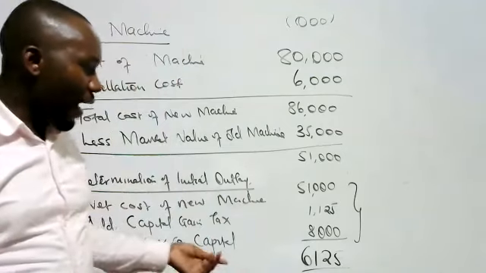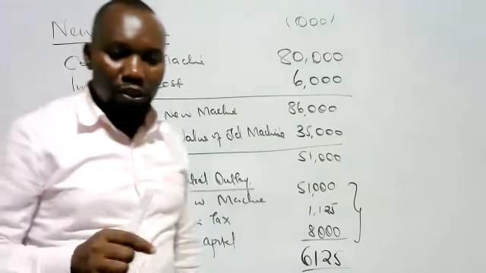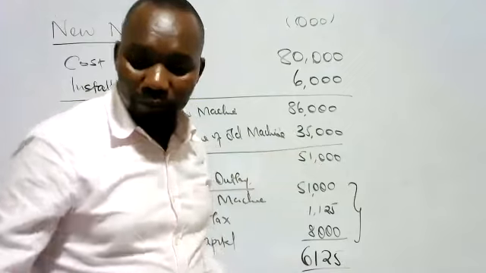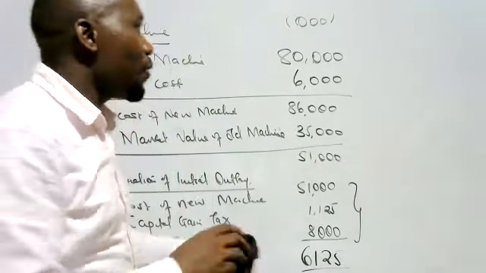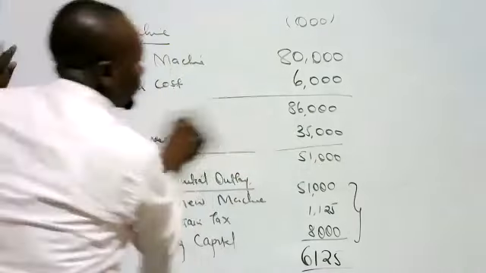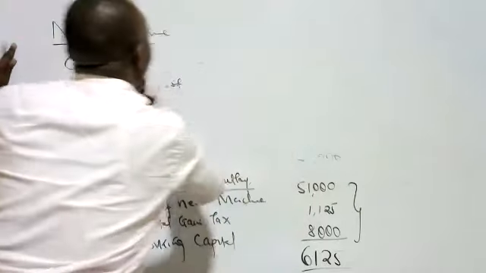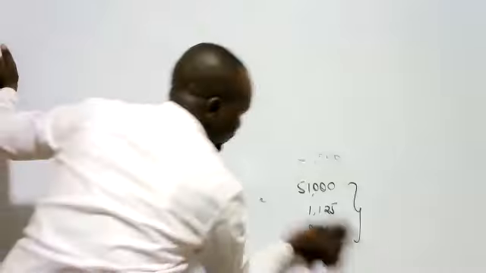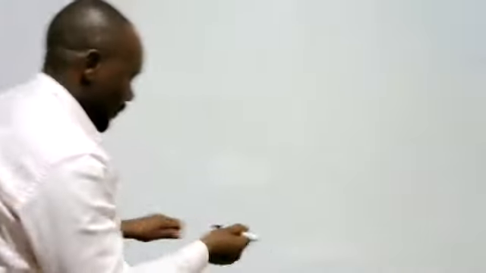Now we have our IO. The next thing that we now need to look at is the cash flow. How do we get the cash flow? We have the information, right? So you say cash flow statement.